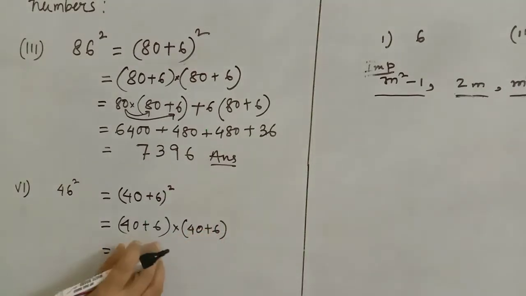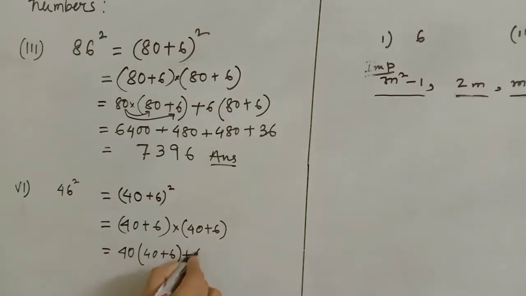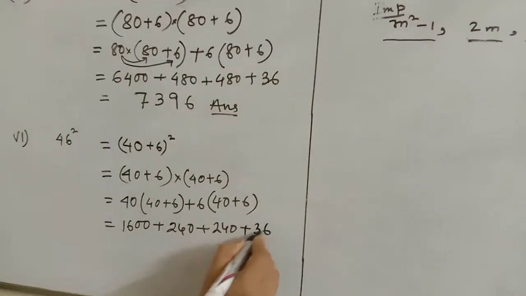Now in the same way I will open this part. 40 I will take first and then 40 plus 6, then plus 6 equal to 40 plus 6. So 40 into 40 you will multiply first. 4 fours are 16, 0 0, plus 40 into 6, 240. 6 into 40 again 240, plus 6 sixes are 36.